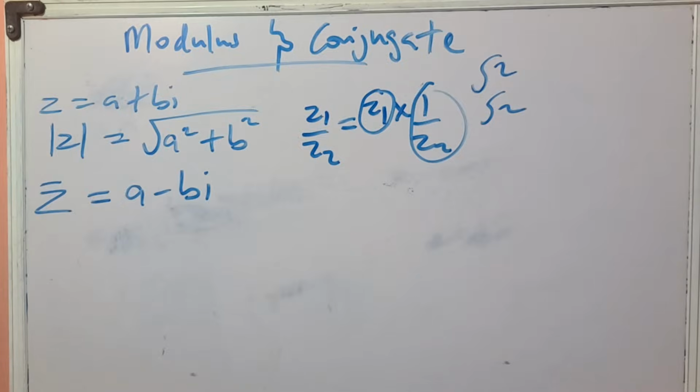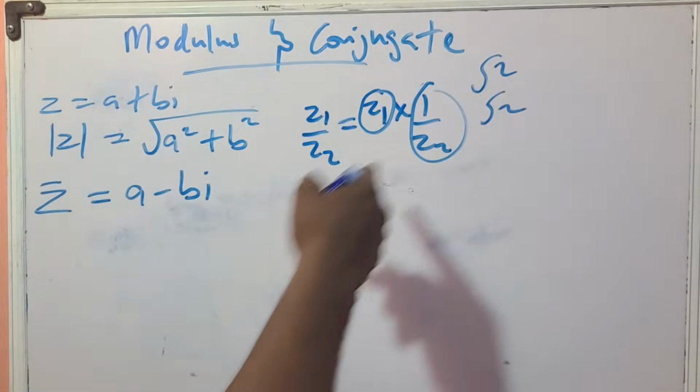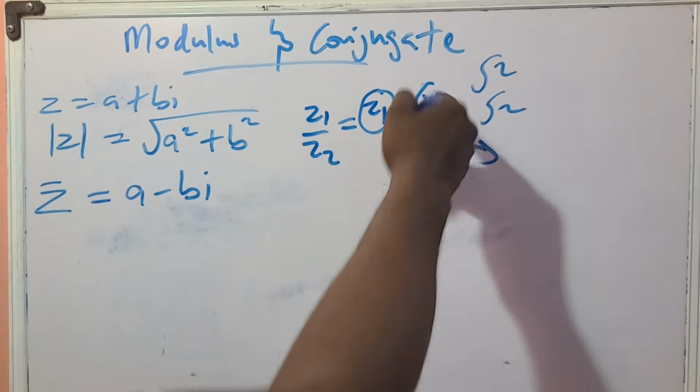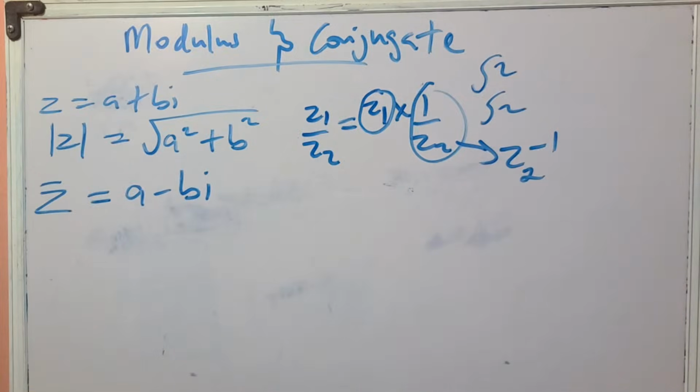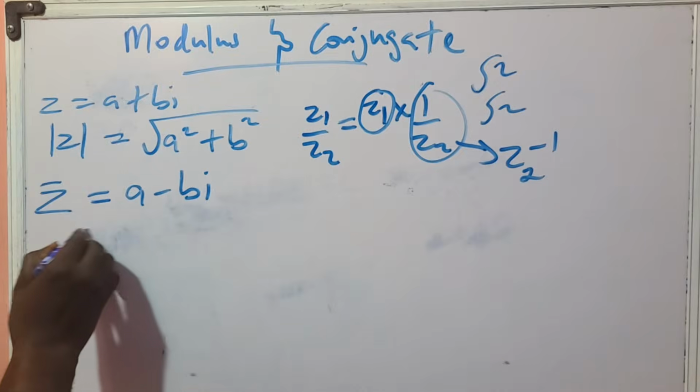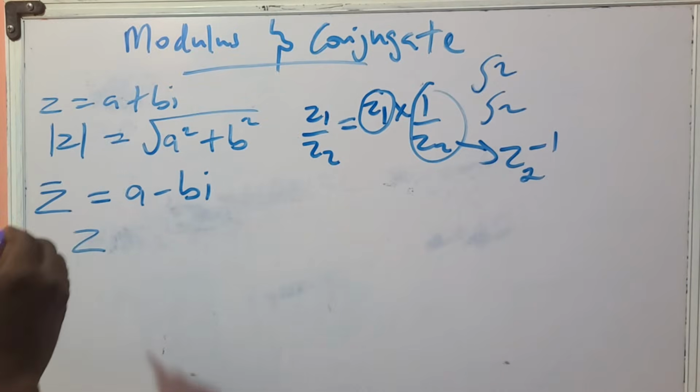All right. Now let me bring out that formula. Of course, another way of writing 1 over z2 would have been z2 raised to power minus 1. I explained this to you in that same class. Of course, this is the reason why you always need to be at the basic explanations. Now let's write that multiplicative inverse we wrote the other time.